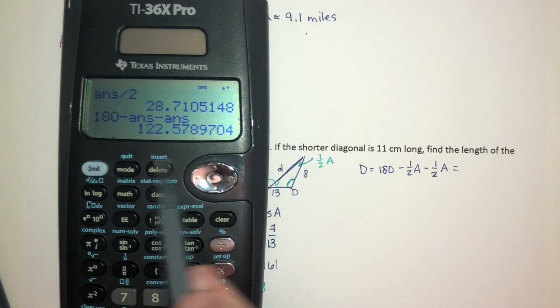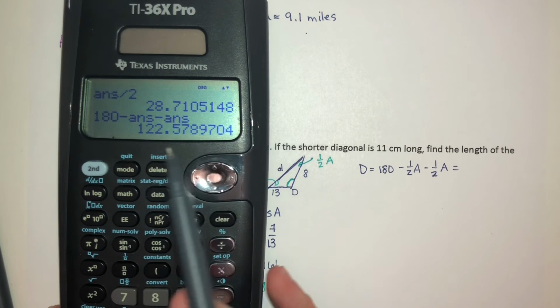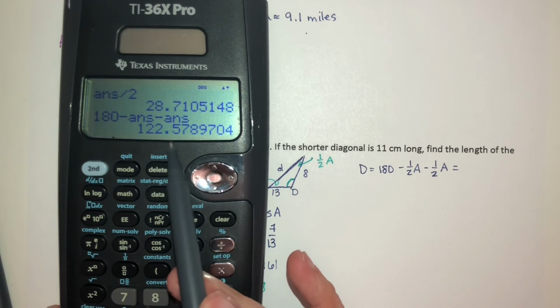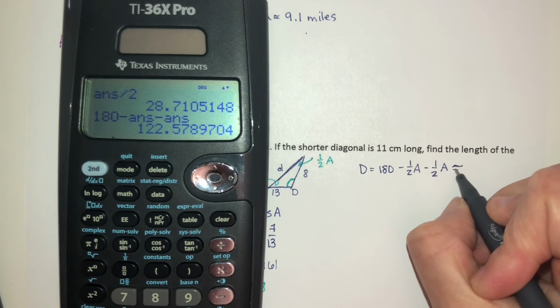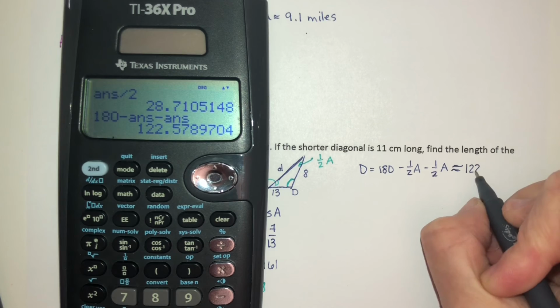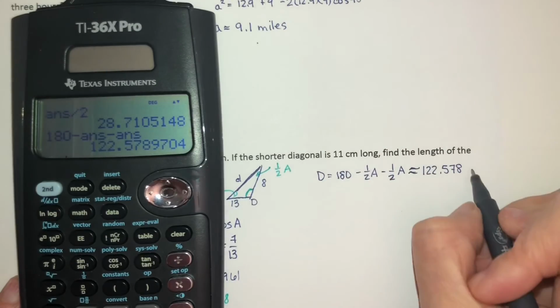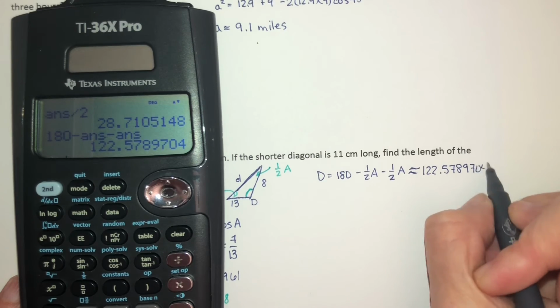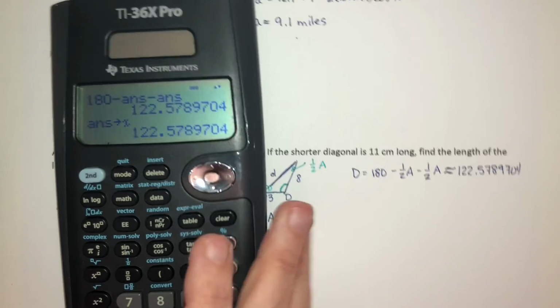And you get that angle D is approximately 122.57 so on degrees. And I'm going to put that in memory so I can use the exact answer.